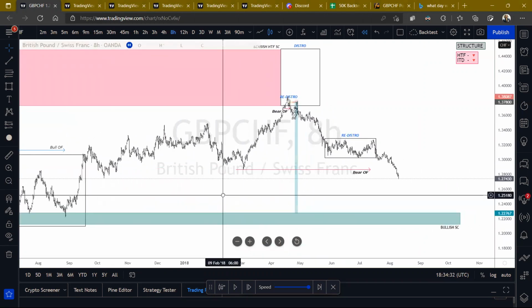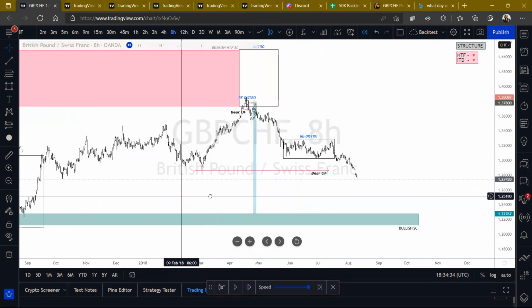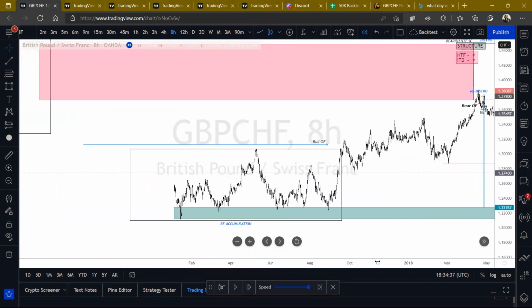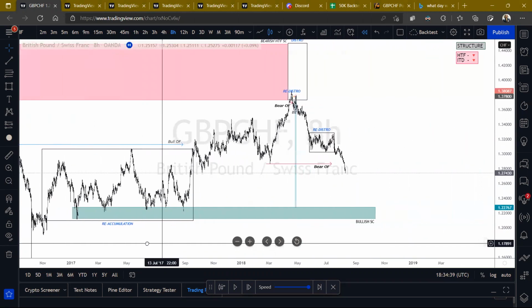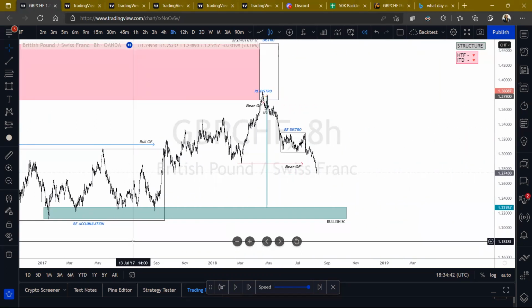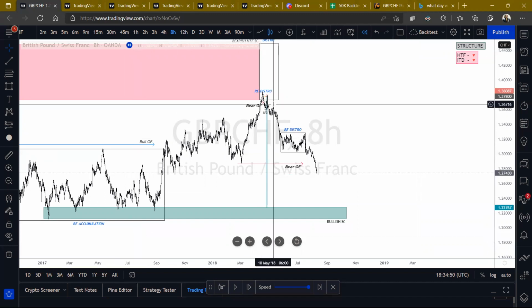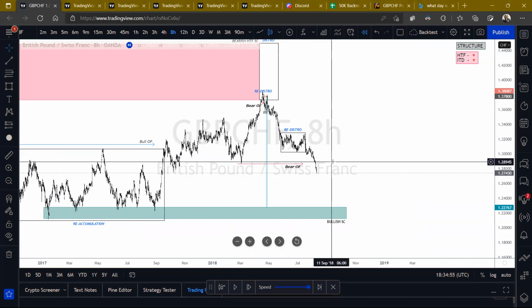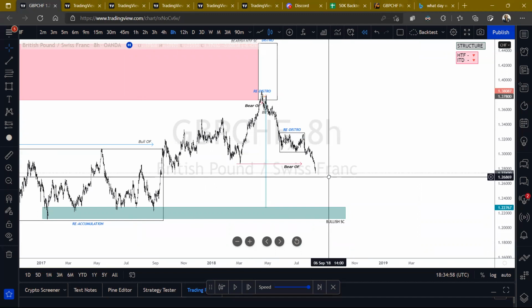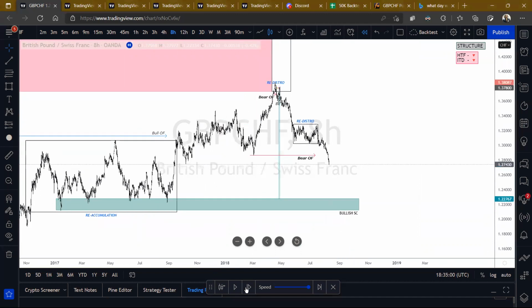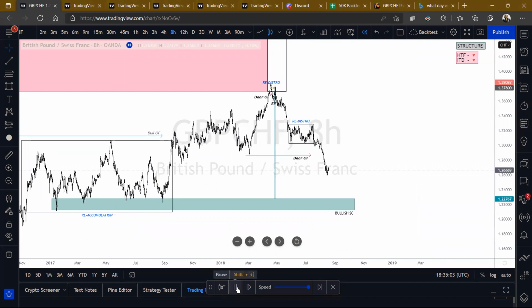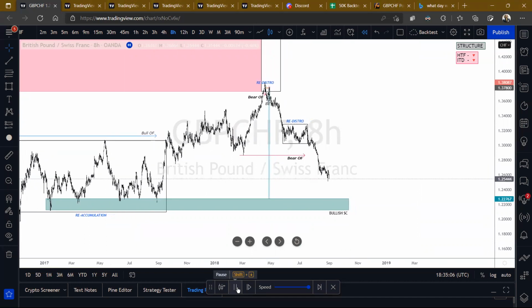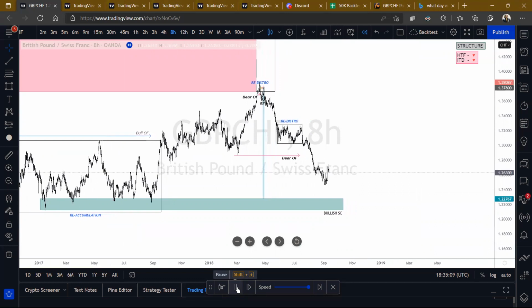Let's see. No, I think everything stays the same. So let's see. Okay, price going down. Not giving us a proper pullback just yet.